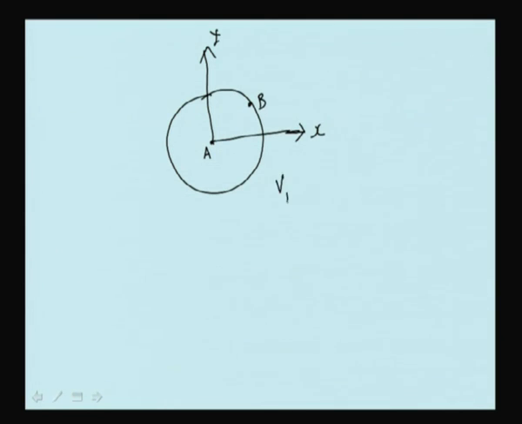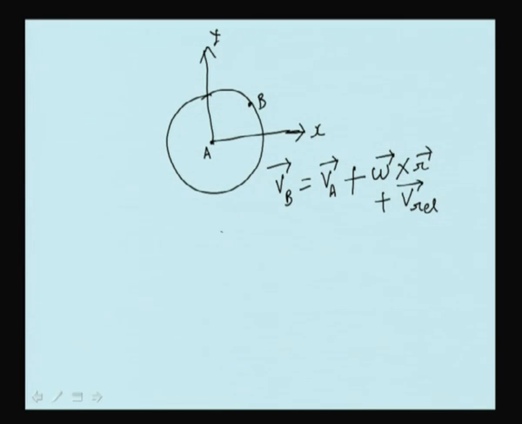The velocity VB is equal to VA plus omega cross R plus VL.